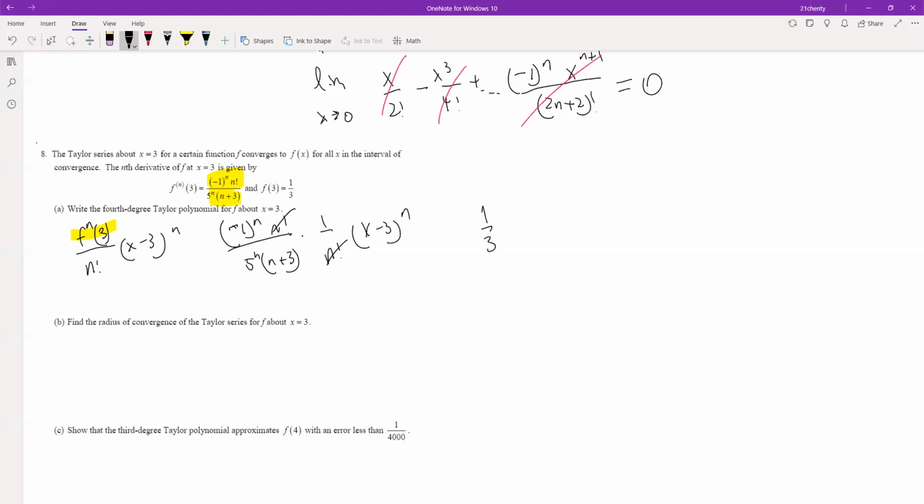Then let's plug in n equals 1. So negative 1 to the first power is negative 1, so this will be a minus. And then 5 to the 1 is just 5 times n plus 3, which is 4, so that's 20. And then x minus 3 to the first power. And then the next one is n equals 2. So negative 1 squared is positive 1. Then 25 times 5 is 125.